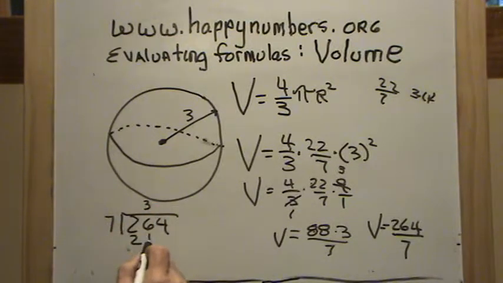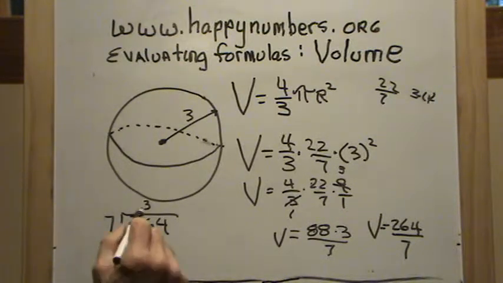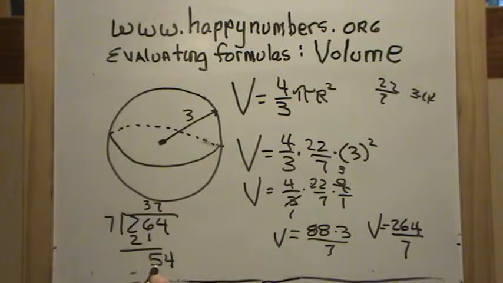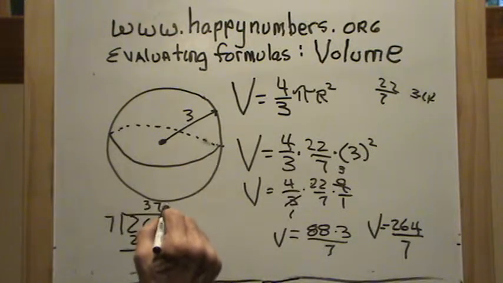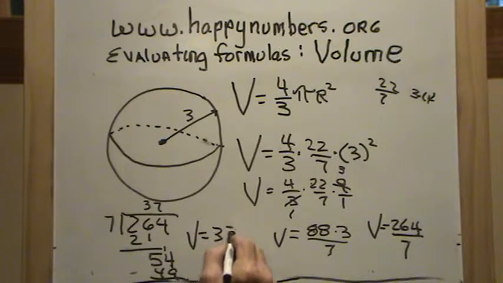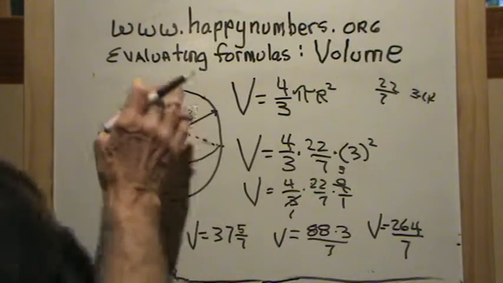That would be 21. And that would be 5, bring down the 4. And 7 will go into that 7 times, which would be 49. And we would have 5 left over. So our volume would be equal to 37 5/7 cubic. Let's say it was miles, since we're talking about the Earth.